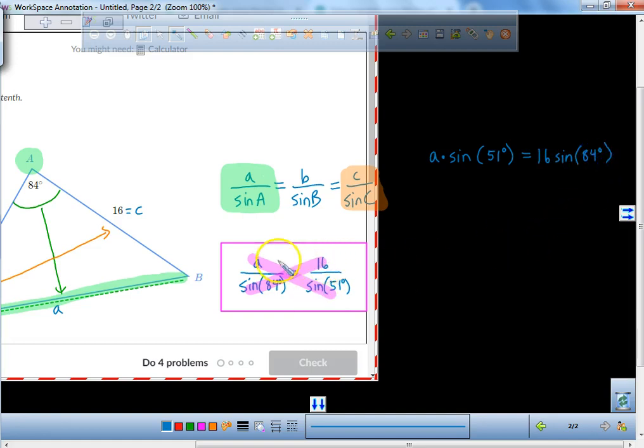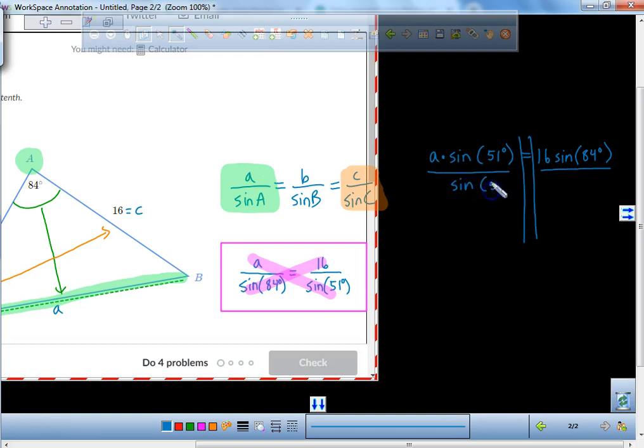So these are the cross products: a times this, 16 times this. After we have it set up, we have one step only. What are we going to divide both sides by?